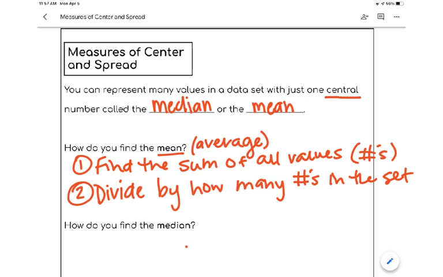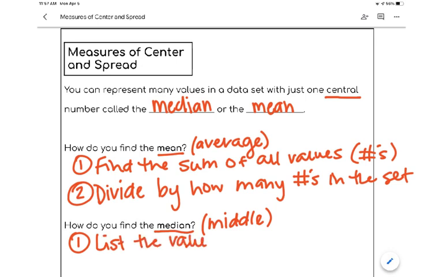Well, another way of finding a measure of center would be the median. Okay. Usually we refer to this as being the middle number. Now the first thing you have to do when you're finding the median is listing your values from least to greatest.